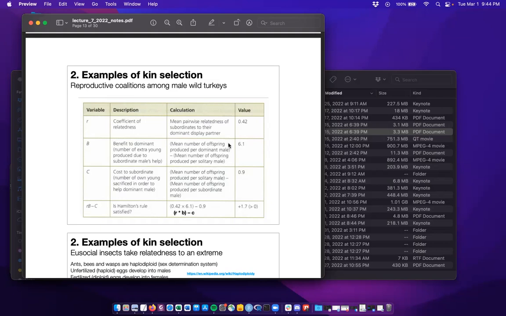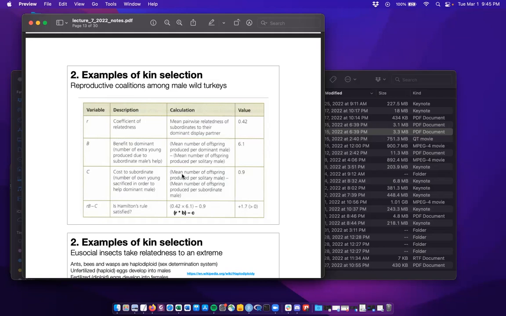All right. And since you mentioned that if the dominant one wasn't having any offspring, would that be an example of Hamilton's rule not being satisfied, like less than 0? Exactly. Yeah. There are lots of examples in nature where it's not satisfied. I'm sure there are cases where the dominant male doesn't mate at all.